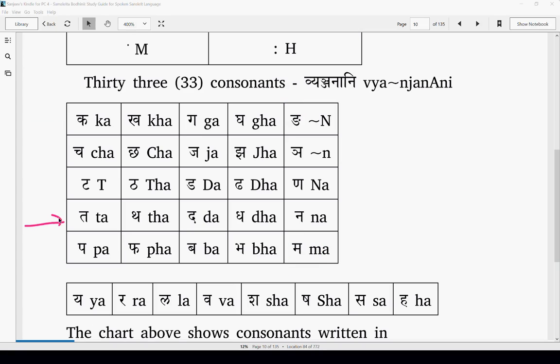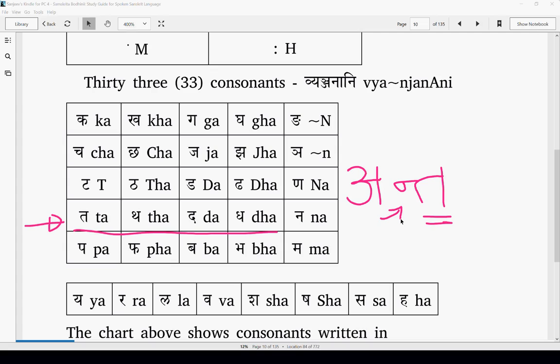Similarly, if there is a word which has a consonant of this line, for example, like we saw santosha also, or let's say anta. Here there is a ta, and before that we want to pronounce a nasal sound, and this nasal sound cannot be pure nasal.